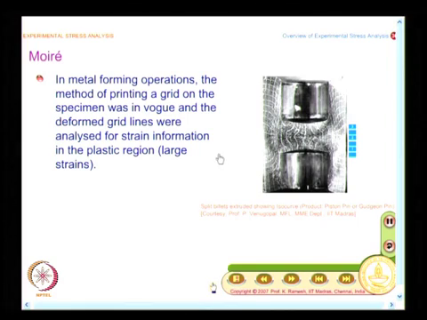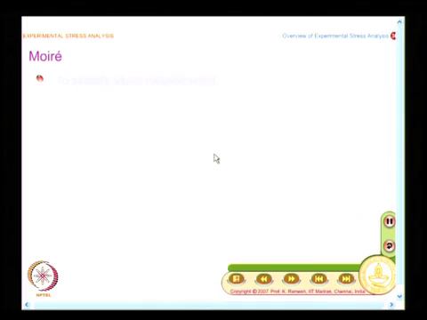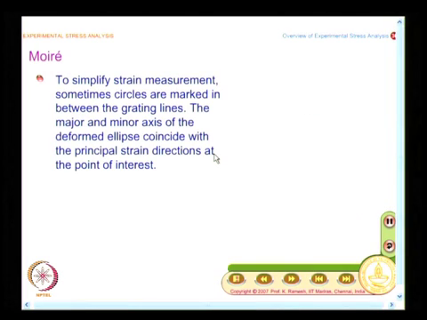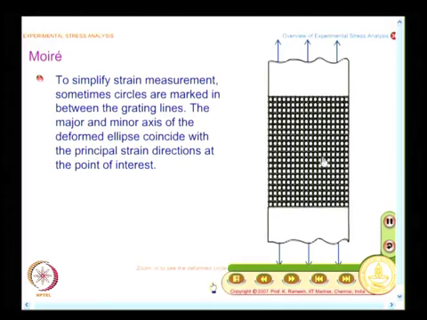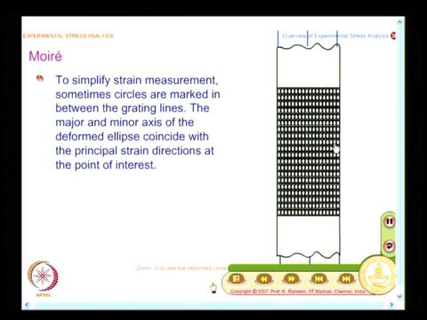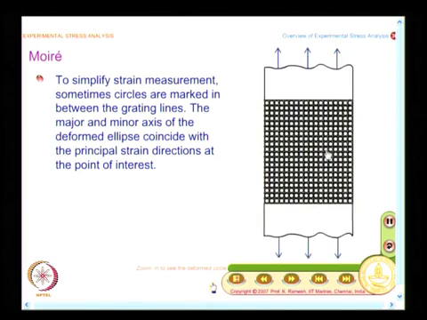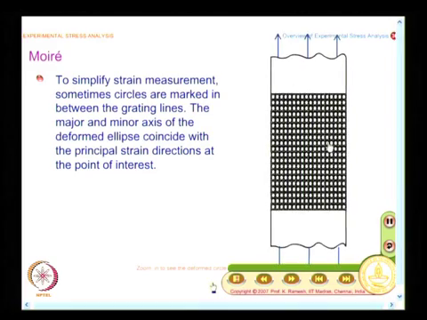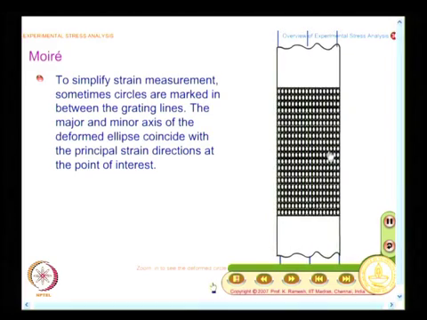And what we saw was, instead of just using a grid, people also had another approach wherein inside the grid they had put a circle, and when you stretch the member, the circle deforms into an ellipse. So, you also get the stretch direction.